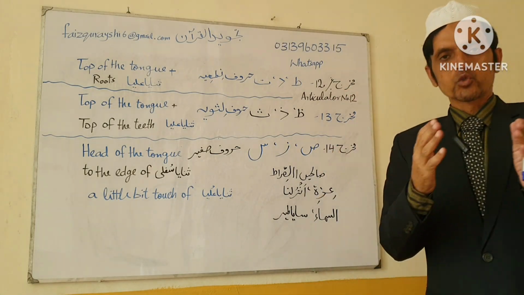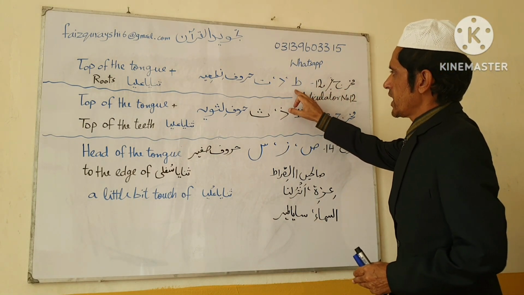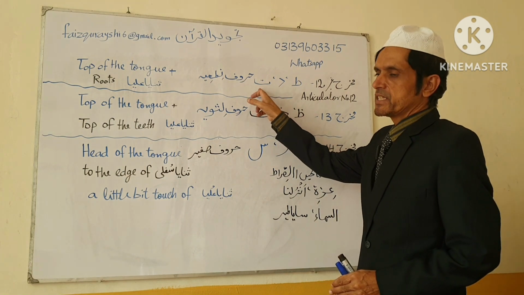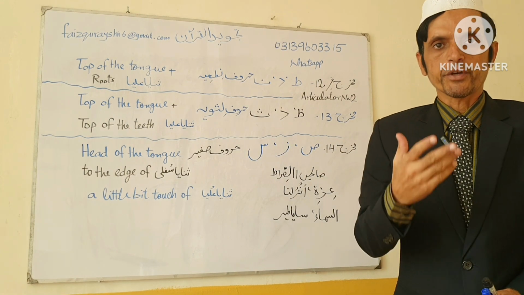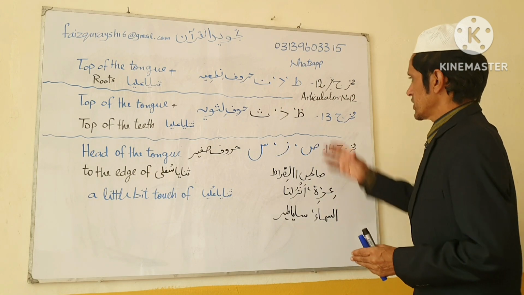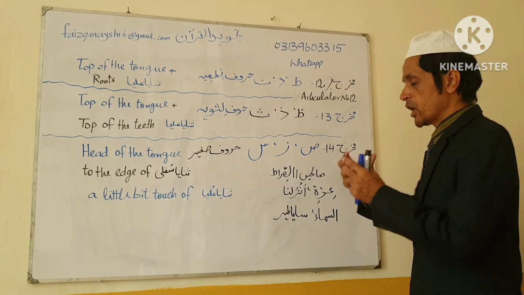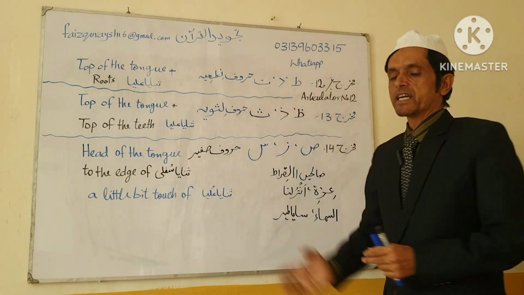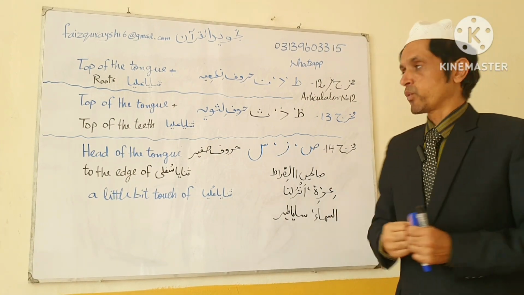Makhraj number 12. Ta, dal, ta. And the name of these letters is hurufi nit'iyya. What is the makhraj? What is the articulator, or the articulation point, or the place from which these three letters are produced in your mouth in the Arabic language?